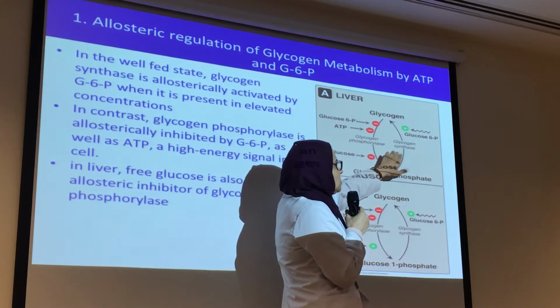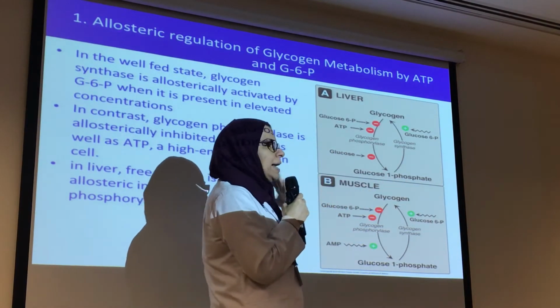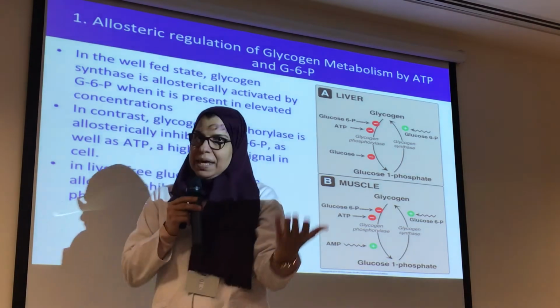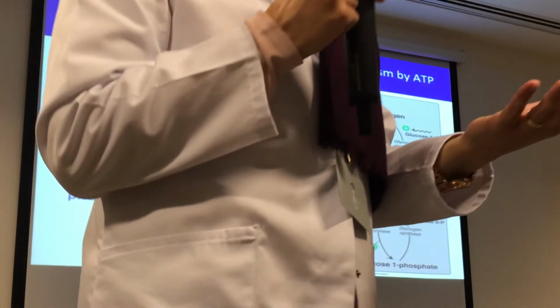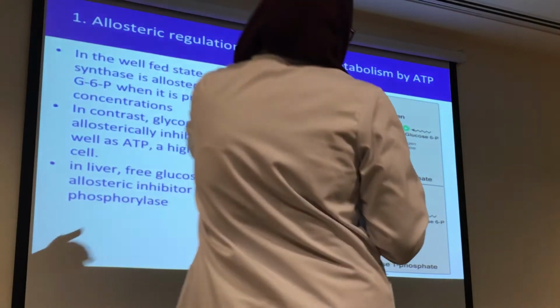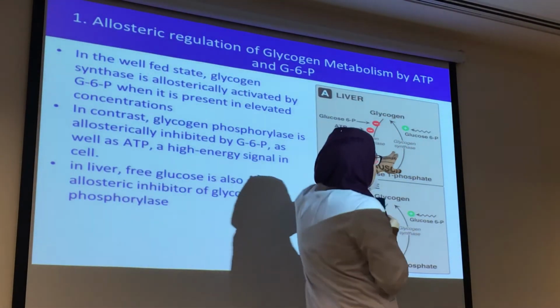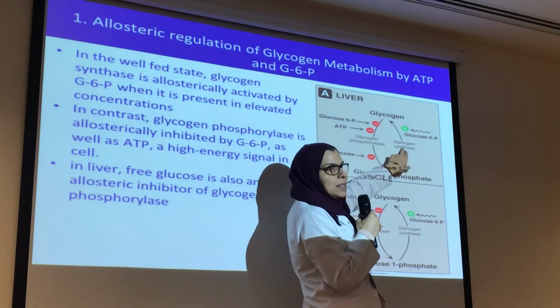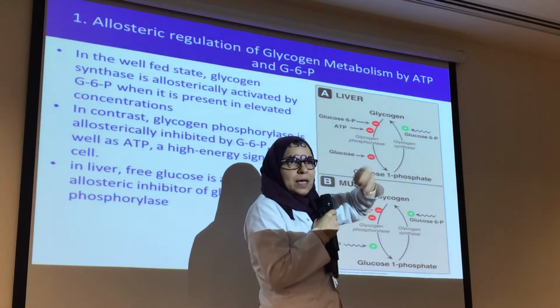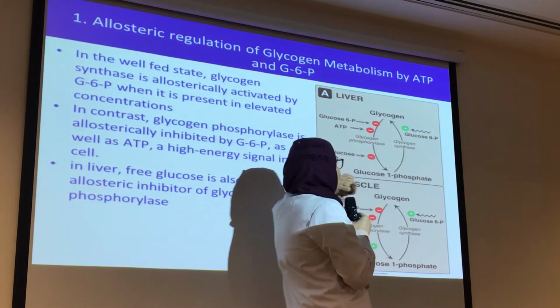Glycogen synthase. Okay, so when do you think we need to make glycogen? When we are high in energy or low in energy? High. So when we have too much glucose 6-phosphate, this is when we are going to activate the synthase, right? By allosteric activation.